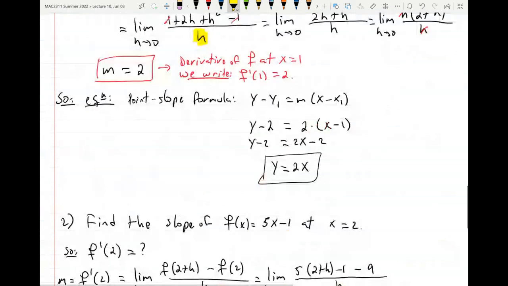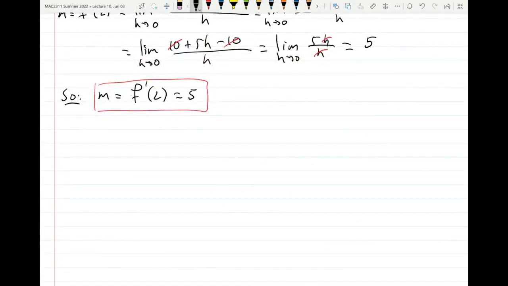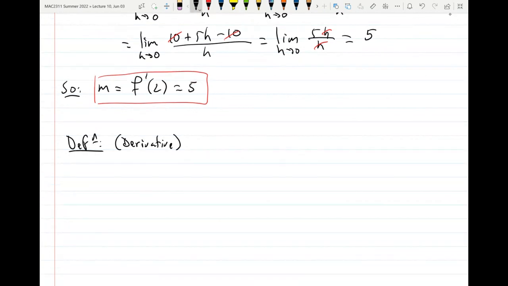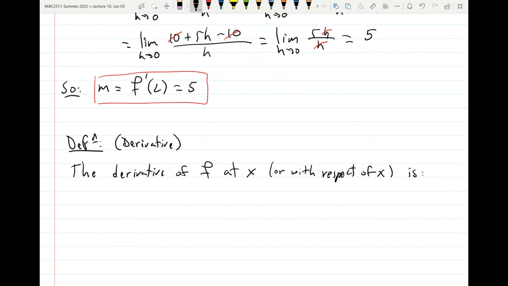All right. So let me define that. So definition, this is the definition of derivative. So the derivative of f at x, or with respect to x, is the following.